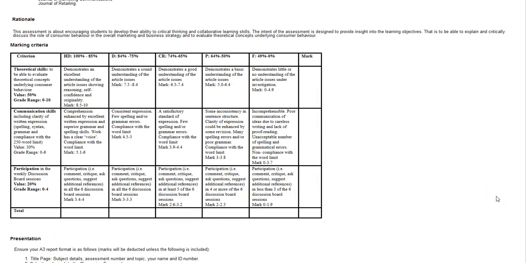The rationale for this is we really want you to think about developing your critical thinking and collaborative learning skills. It provides us an opportunity to see how you've engaged with the theory and the concepts behind it, because consumer behavior, customer behavior in general, is a fairly complex area, and as you'll see from this week when you're looking at culture, it's a hugely complex area.